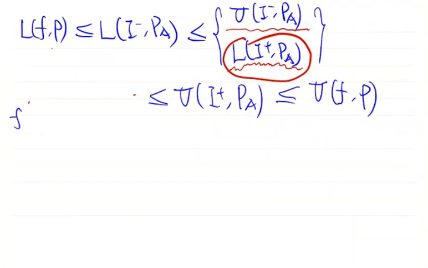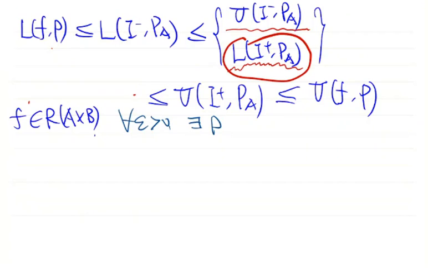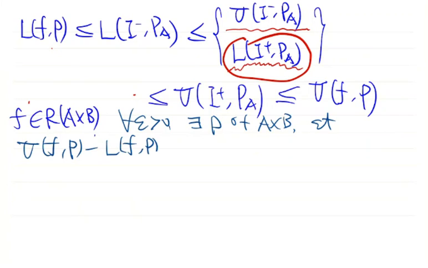Suppose F is integrable. Then for any epsilon positive, we can take a partition P of A cross B such that UFP minus LFP is less than epsilon.